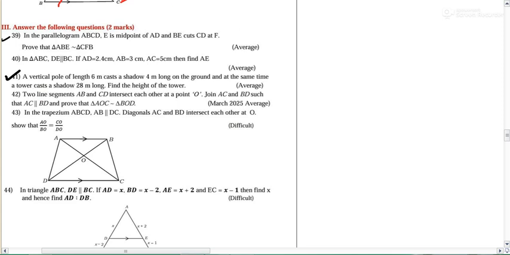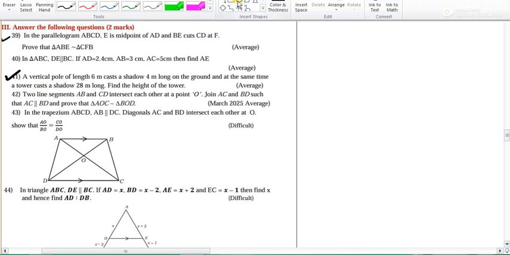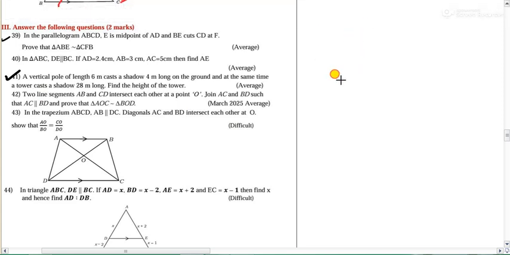Let me see if there is any option to draw. Yes, parallelogram. Okay, so this is parallelogram ABCD.